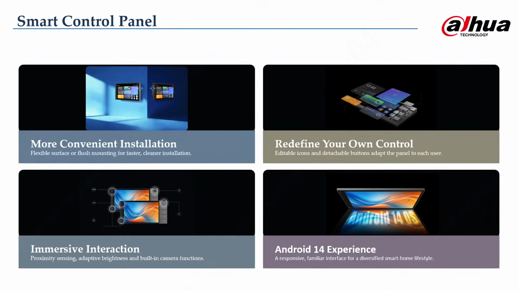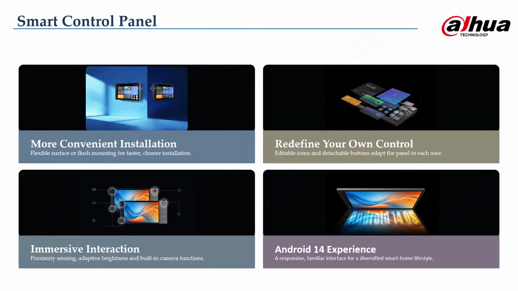First of all, it runs Android 14, so you can enable the Play Store on it, and you can install applications. The installation mode is quite good because we have flush mounted and surface mounted versions of this.